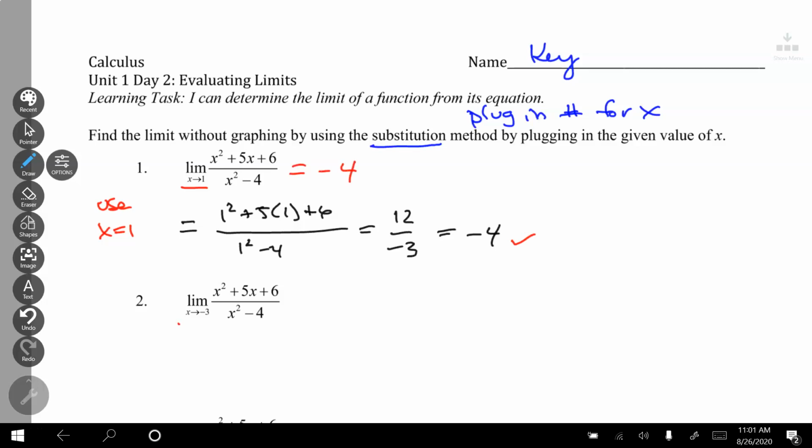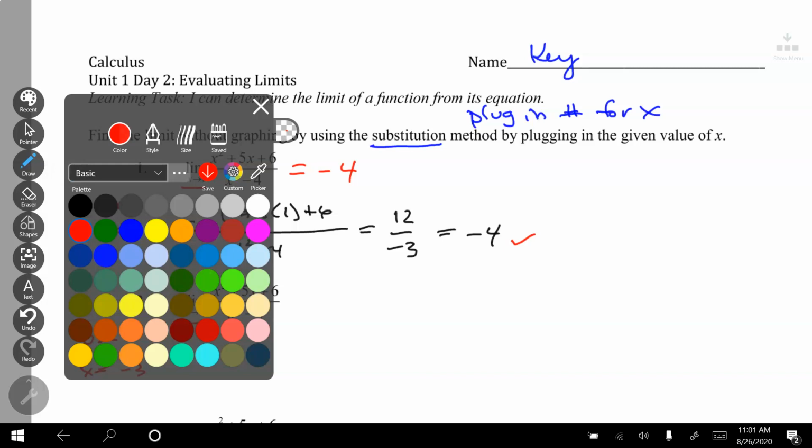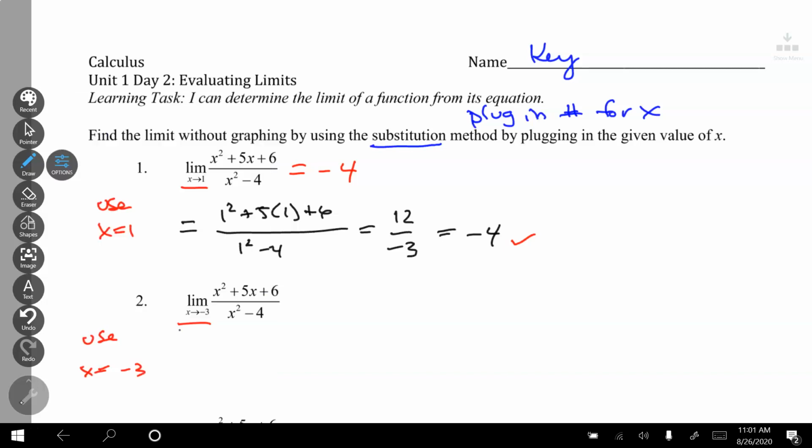The next example, I'm going to use x equals negative 3. And I'm going to plug that in. I get negative 3 parentheses squared plus 5, negative 3 parentheses plus 6 over negative 3 parentheses squared minus 4.